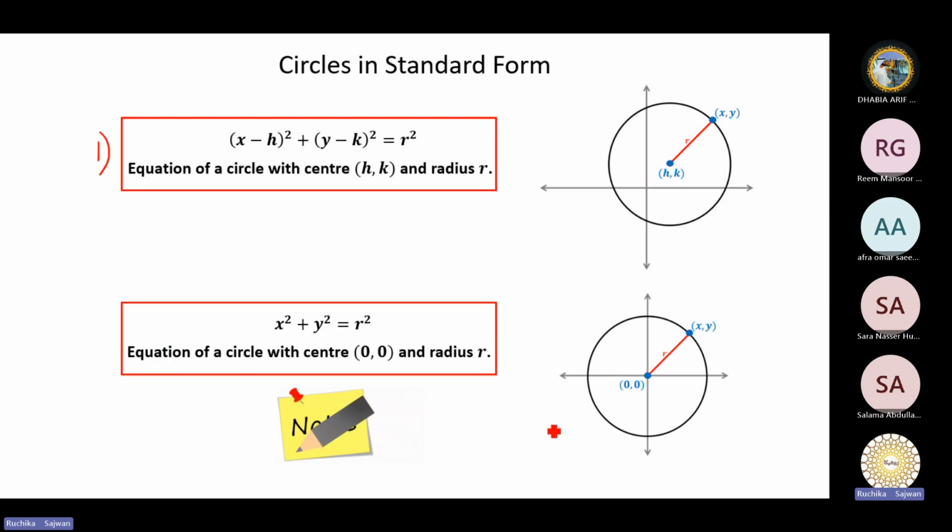However, if the center is at the origin, as you can see in the second picture, this blue dot 0, 0 means the x coordinate and the y coordinate both are 0 for the center. In that case, the first equation will reduce to the second one: x square plus y square equal to r square. This is the second standard form of the equation for the circle.